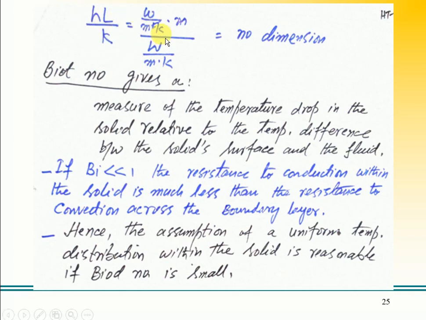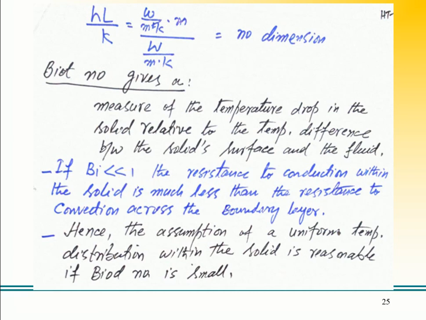I'll just show you the hL by k. If you see, this is watt per meter square Kelvin, this is meter, this is watt per meter Kelvin, so there are no dimensions. The Biot number is basically a dimensionless number. So what is the Biot number giving? It's a measure of the temperature drop in the solid relative to the temperature difference between the solid surface and the fluid. What is the temperature drop?